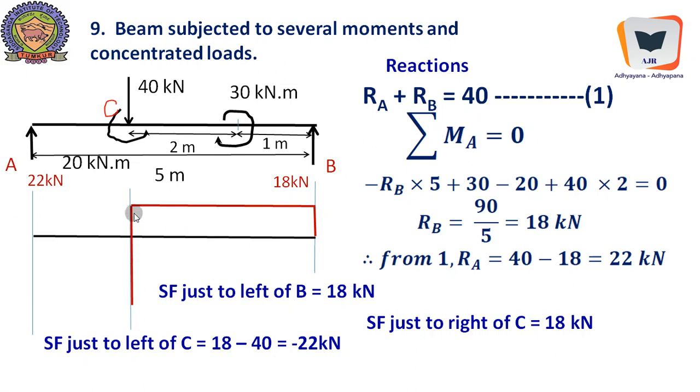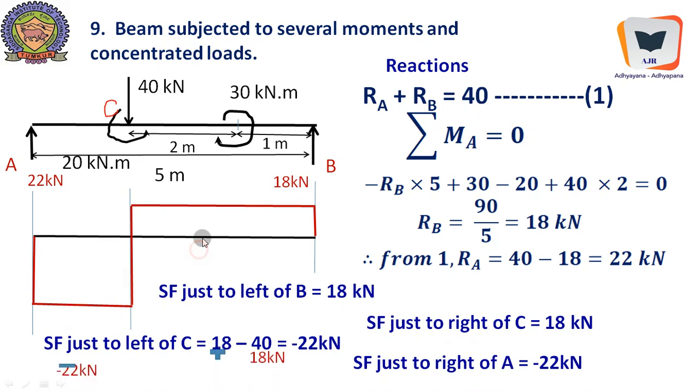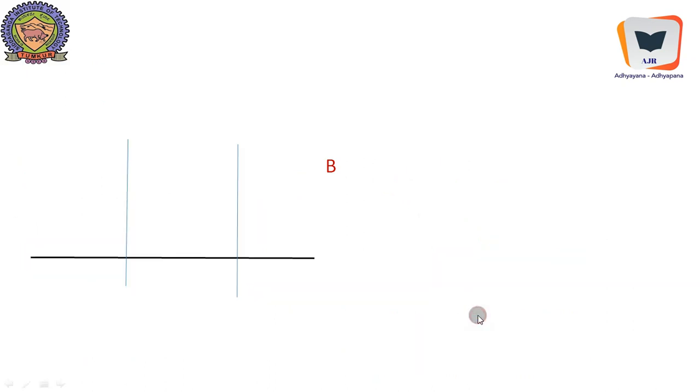If you add them together, the entire drop, if you measure the drop here, it is 18 plus 22, it becomes 40. Therefore, the step size is equal to the concentrated load. And the same thing will continue just to the right of A. So this is the shear force diagram, and here it is negative, and there it is positive. Here it is 18 kilonewton, here it is minus 22 kilonewton.